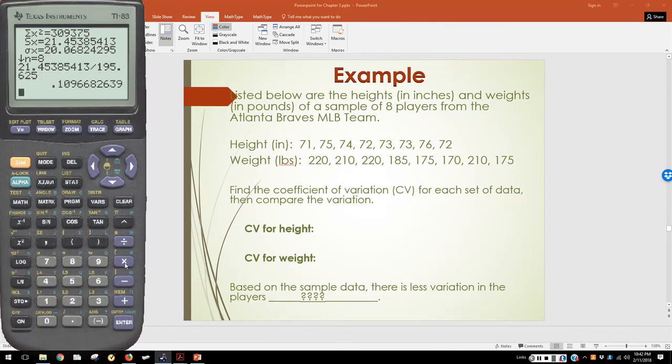Then we multiply that times 100 to change it to a percentage. We see that the variation in their weights is 10.96668, and that would round off to 11.0%. Be sure and round properly. But 11% is indeed a lot higher than 2.3%. So the coefficient for their height is 2.3%, but for their weight is 11.0%. Based on the sample data, there is less variation in the players' heights.